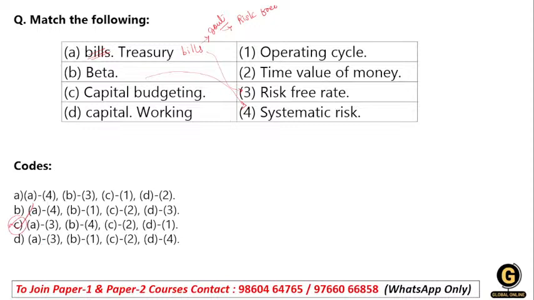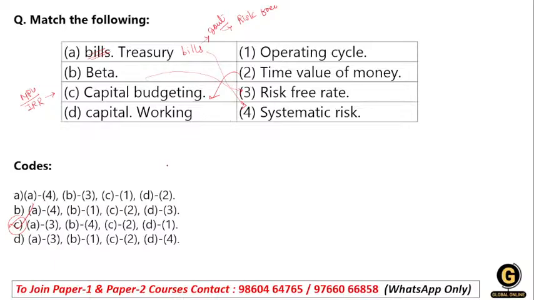As you know, capital budgeting helps the organization calculate net present value and the internal rate of return. It also depends on discounting future cash flow, which is rooted in the time value of money. So capital budgeting involves time value of money.